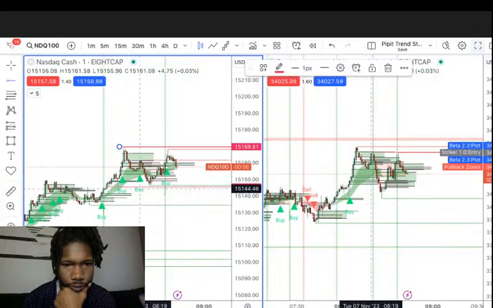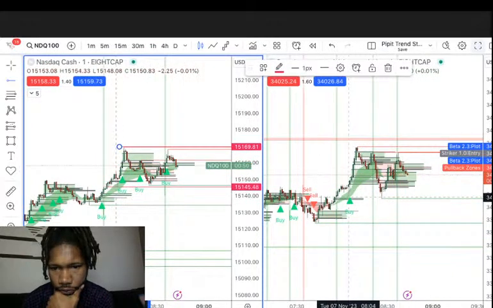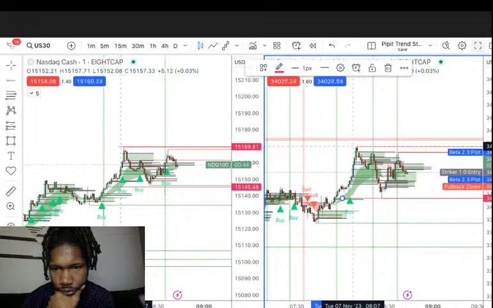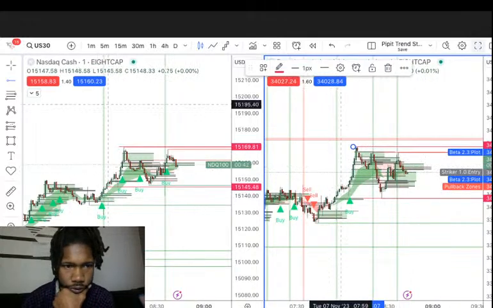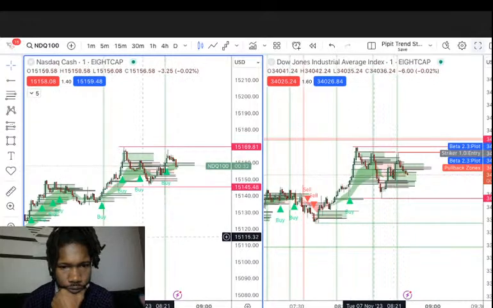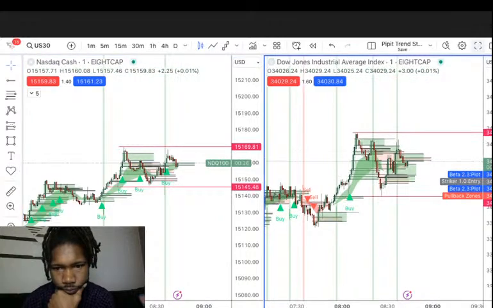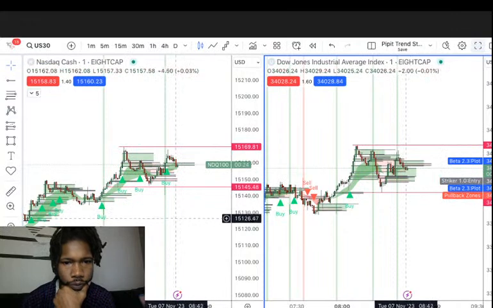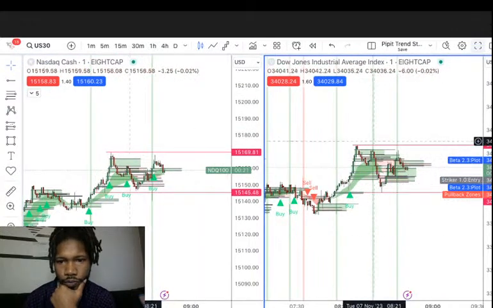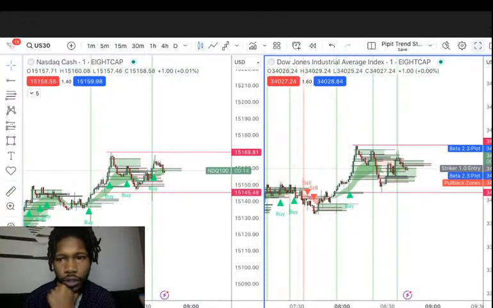I need price to break below or above these levels. Same thing for US 30. Let's mark off these levels. Right there. So what I'm looking for is for price to break above these highs and these lows. Once price breaks the high or the low, we're going to look to enter the market.